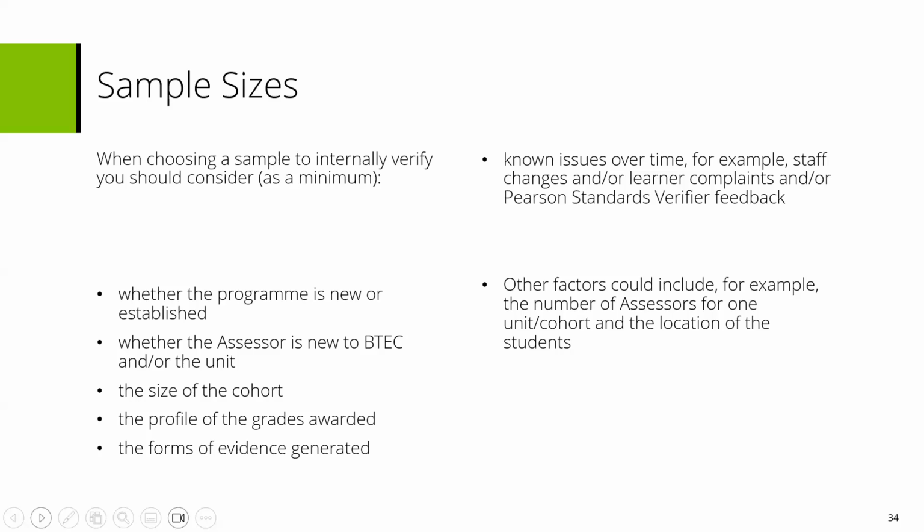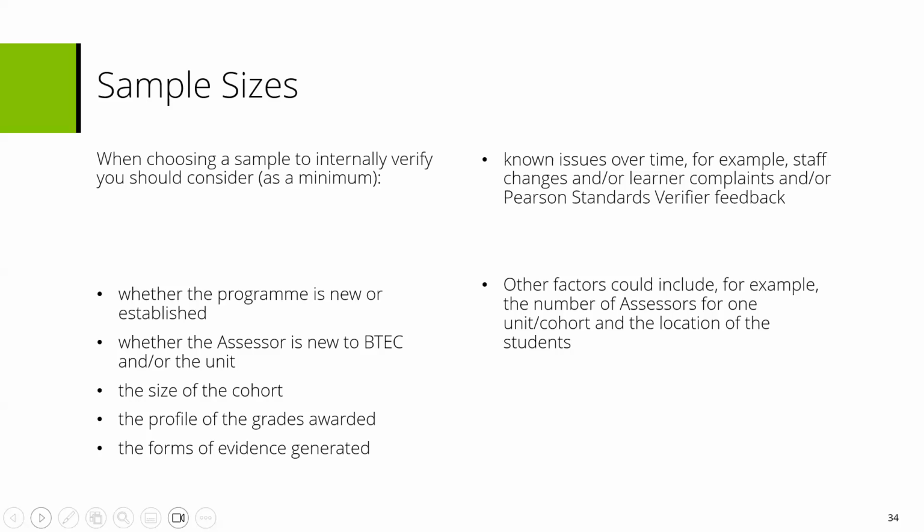You need to look at the profile of the grades being awarded. Has the assessor graded some learners at pass, some at merit, and some at distinction? And if they have, you need to see a sample across those grading decisions. Consider the forms of evidence that have been generated by the learners, and is there more risk involved with them? If there is, then the sample size needs to be impacted by that.